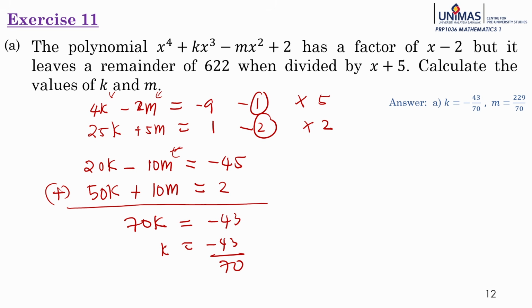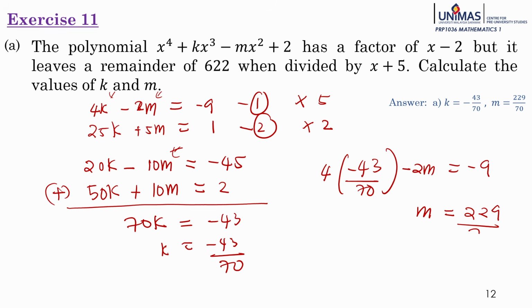Then to find the value of m, we can substitute into either equation 1 or 2. I choose 1. So 4 times negative 43 over 70 minus 2m equals negative 9. You simplify, and you get m is 229 over 70.